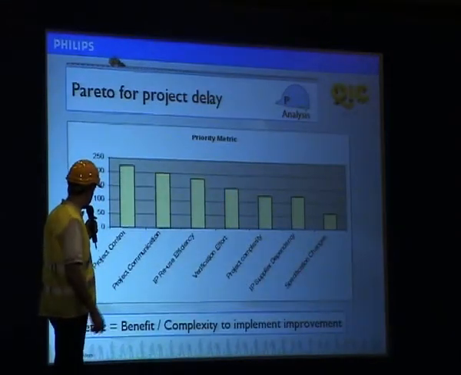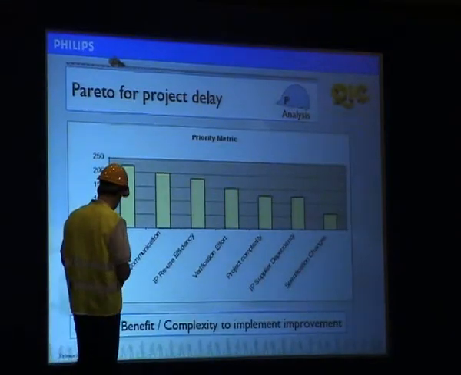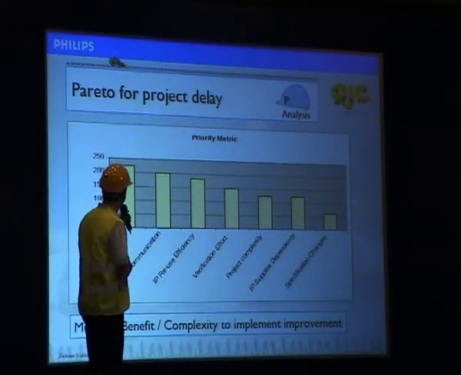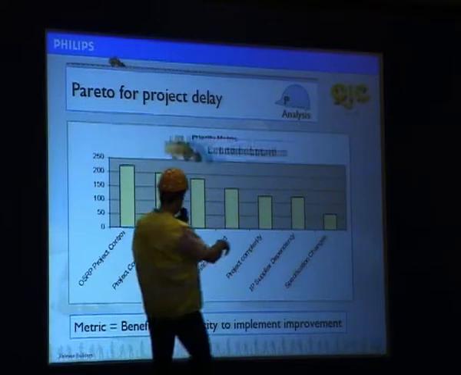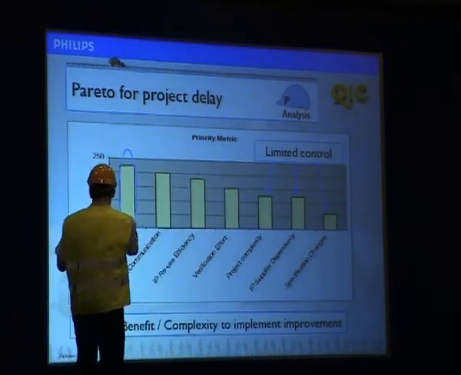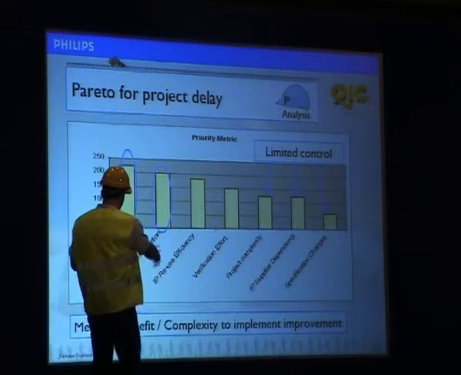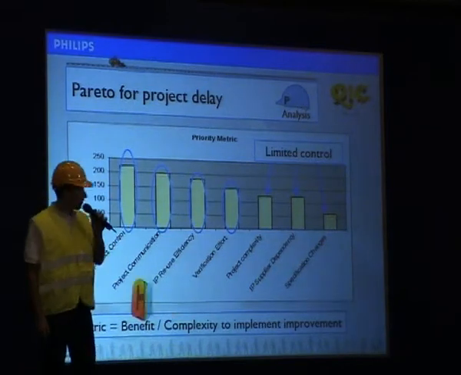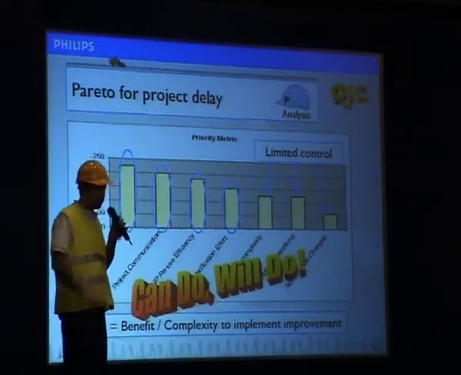And so out of this causal analysis, we define the metric, which is the benefit over the complexity to implement improvements. And we realized for a few issues, we cannot do much about it. But for other items like OSRP, project control, project communication, and IP reuse efficiency, we can do something about it. And therefore, we do it with a can-do, will-do spirit.